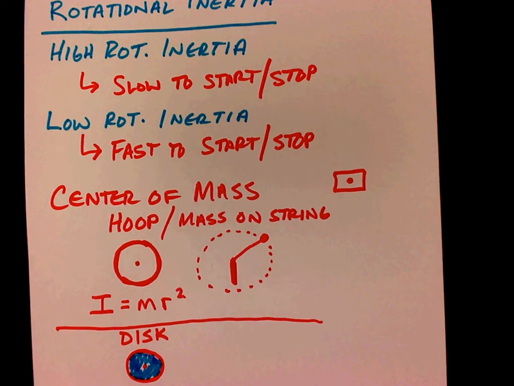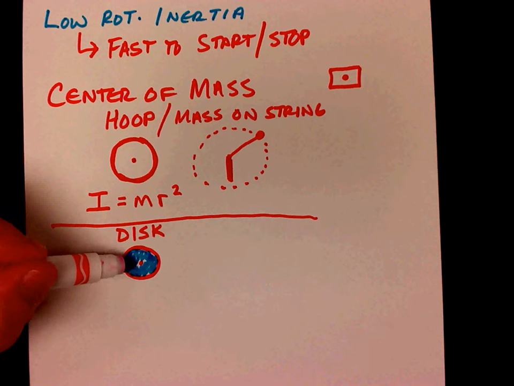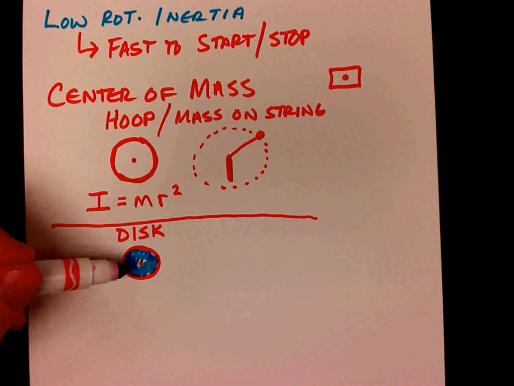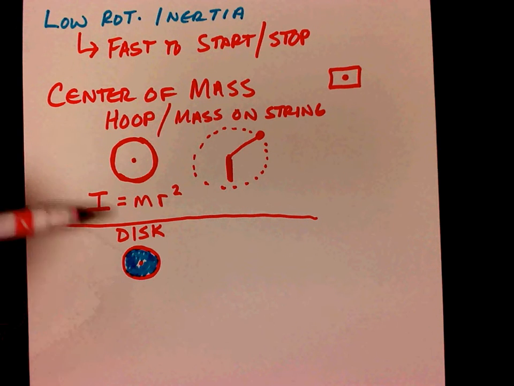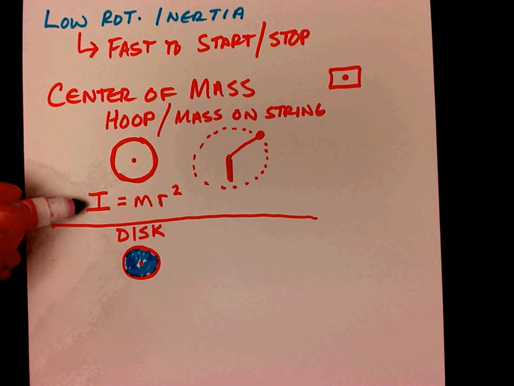You get the idea. So now that we have the solid disk, look at where the mass is located in comparison to that center axis of rotation. Right here, you have mass that's now closer to it. The closer you get mass to that axis of rotation, the lower the rotational inertia is. So in this case, because this is a solid disk, the rotational inertia is going to be less than a hoop.